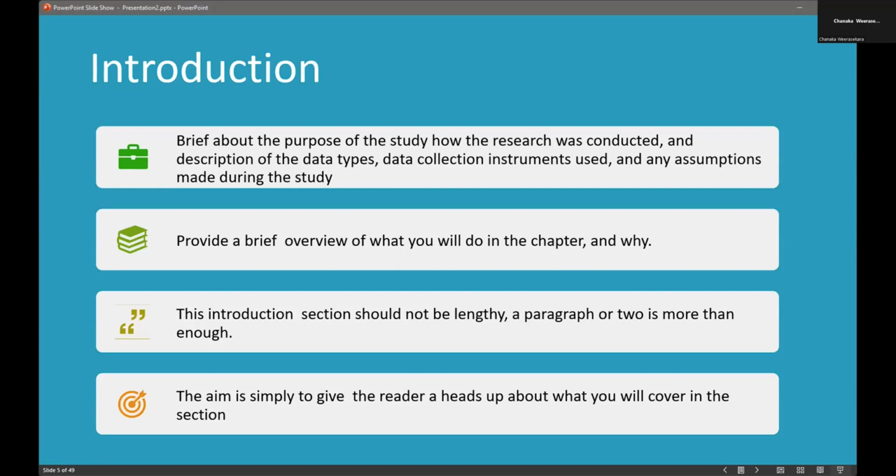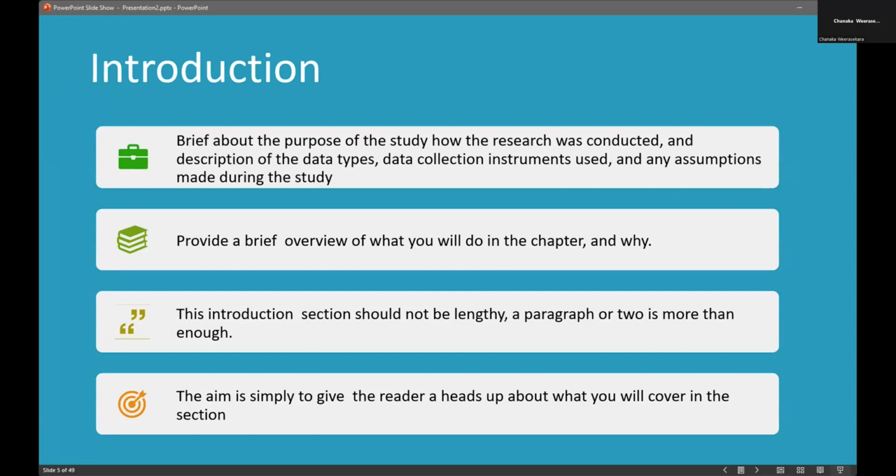A very small paragraph. Then in the next paragraph we should provide a brief overview of the structure of the chapter itself, meaning the results chapter or results section. That is very important.